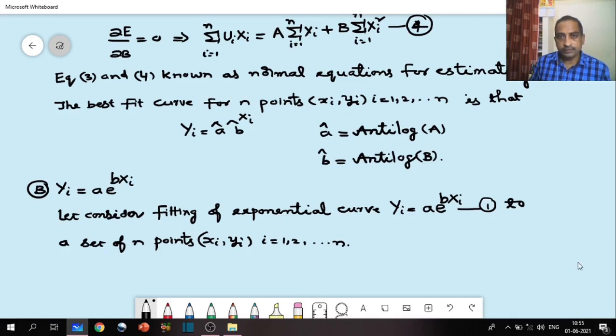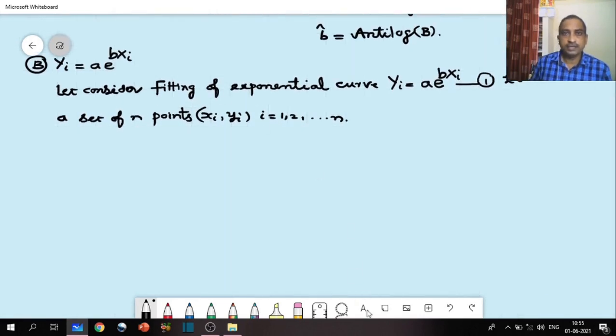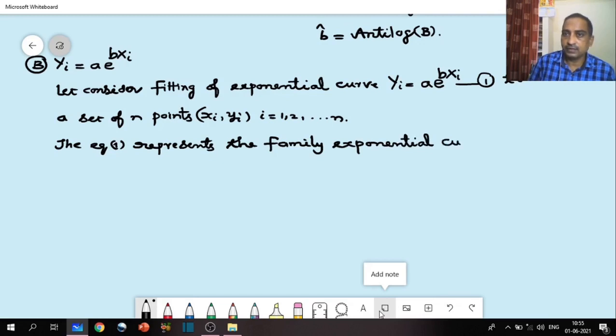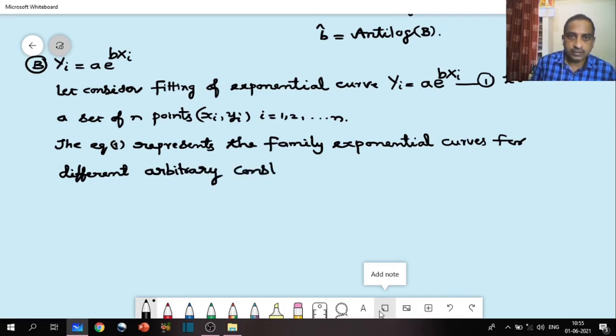Here equation 1 represents the family of exponential curves for different arbitrary constants a and b.